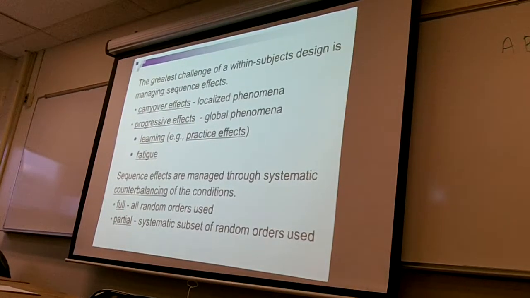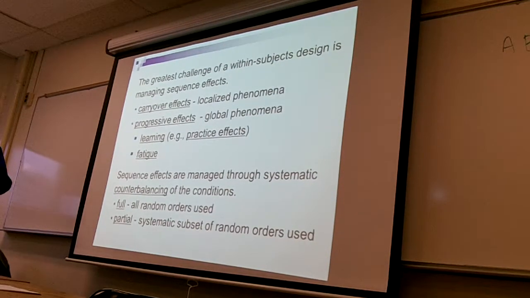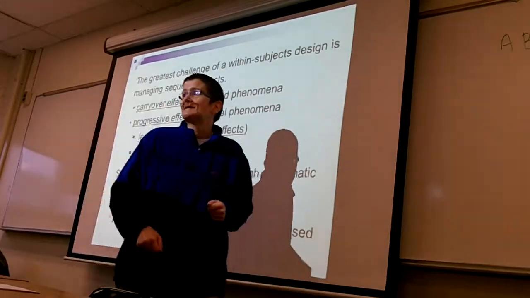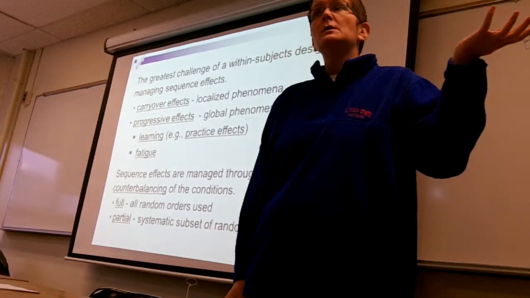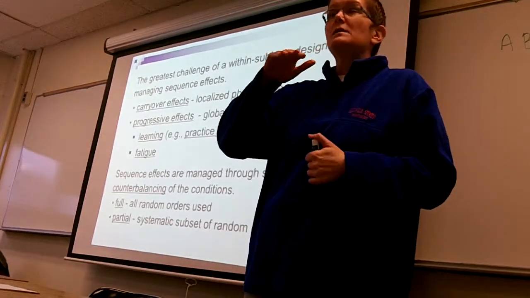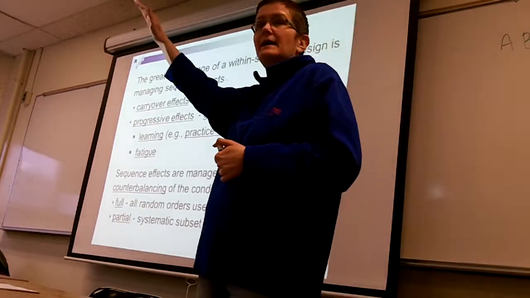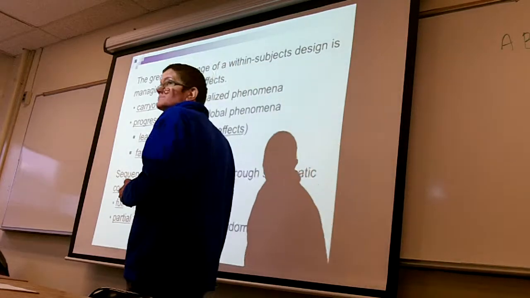It means that the stimuli at the beginning of the study will all have junky data because people are slower and they're less accurate because they're trying to learn how to do what it is I'm asking them to do. But by the end, they're really good. So the quality of their performance is going up over the course of the study, which is why we call it a progressive effect. And they get better and better and better as they learn what it is you want them to do.